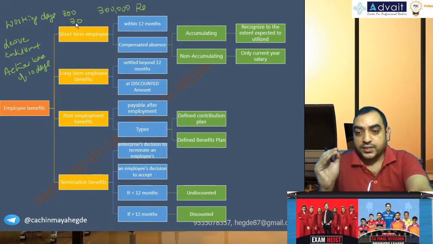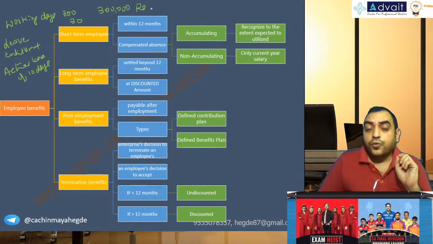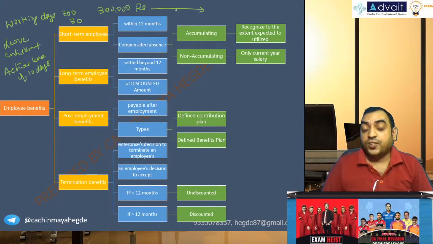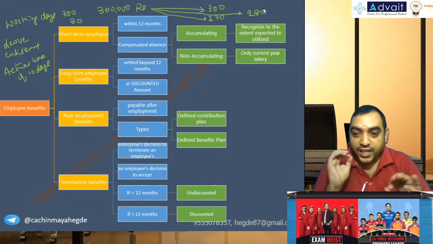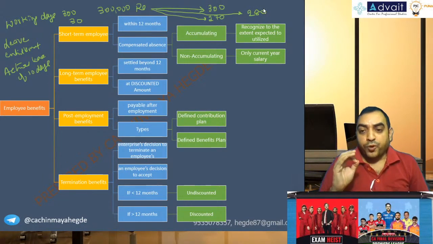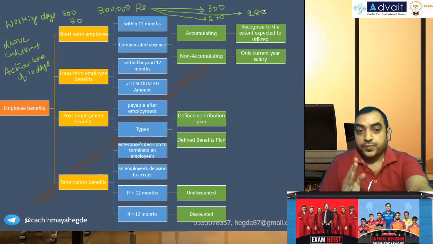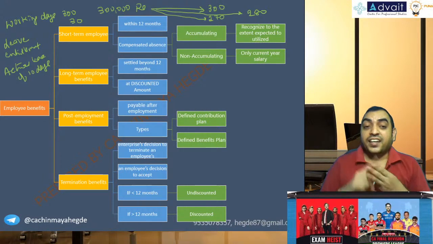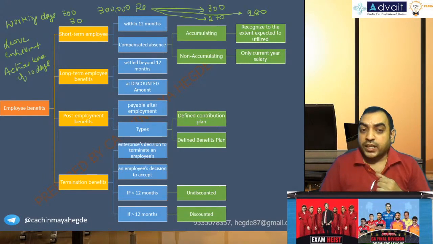Now this 3 lakh rupees, can you tell me for how many days it is related to? Is this related to 300 days? Is this related to 270 days? Or, he has taken only 10 days leave, so 20 days he has not taken, so that means 280 days. Can you tell me in this example, is the amount payable, 3 lakh, relevant for 300 days work, 280 days work, or 270 days work?